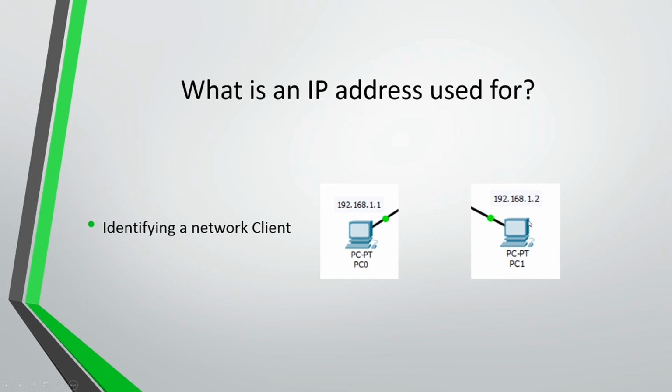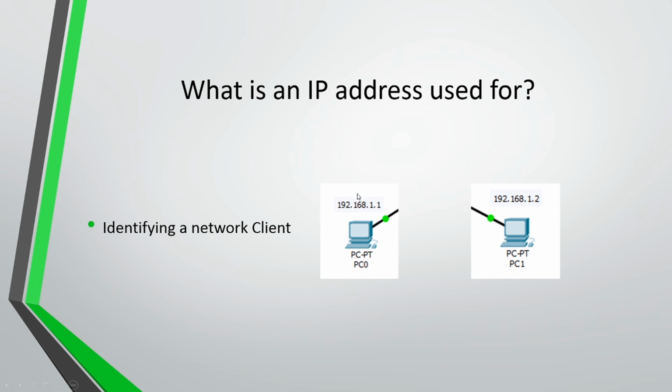Once the packet has been built and PC0 has sent it out, the network will pass the packet along to PC1, as this has the IP address of 192.168.1.2. I'll go into a little bit more detail on how this traverses across the network in another video, but at least for now you know what the purpose of an IP address actually is.